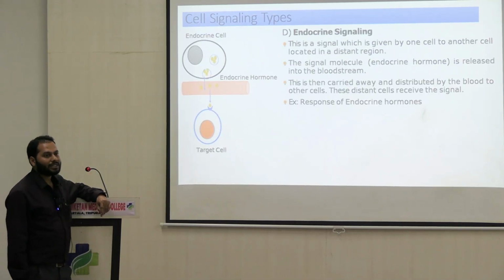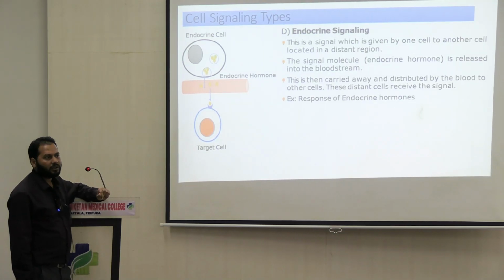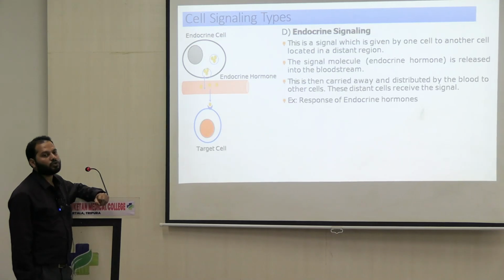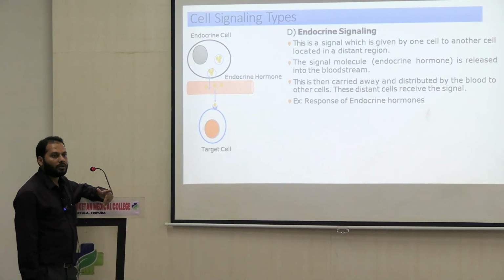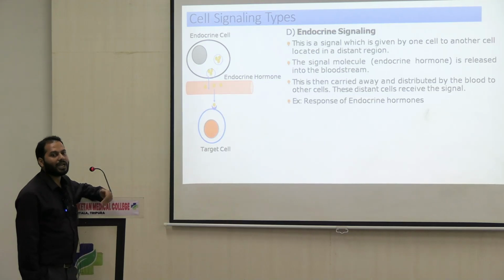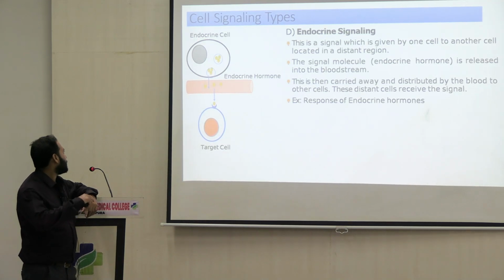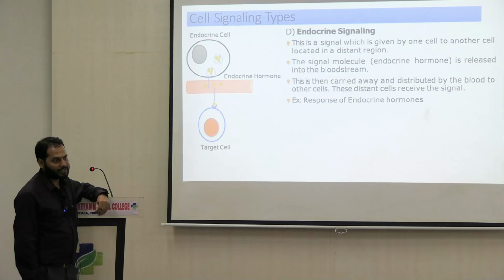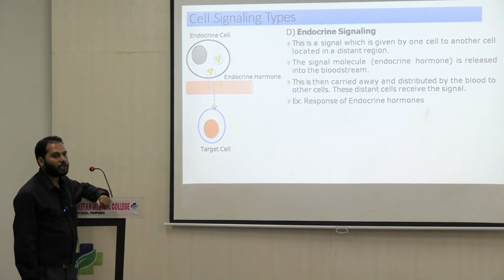Now, the most complicated one is the endocrine signaling, right? Because there are numbers of endocrine hormones. The actions or functions of all those hormones are not the same. So to maintain those functions, the pathways are also different. That is why it is very complicated. Here the most important thing is the target cells are far from the cells from where the mediators are released, and those mediators need some path to reach the target cell.